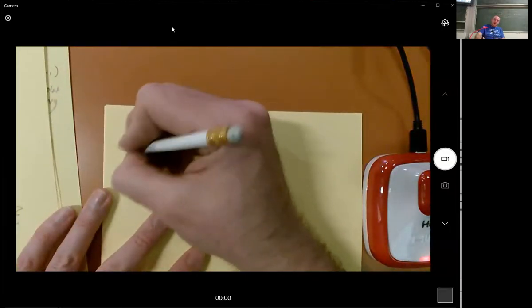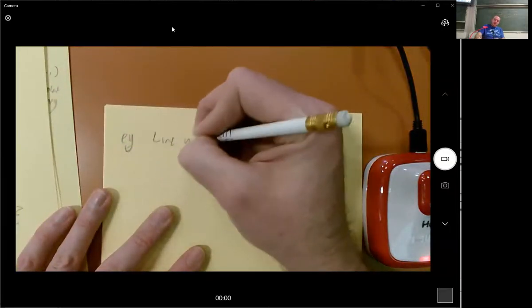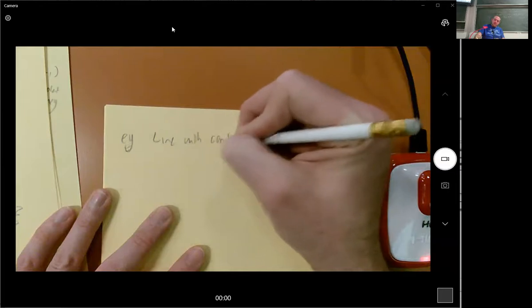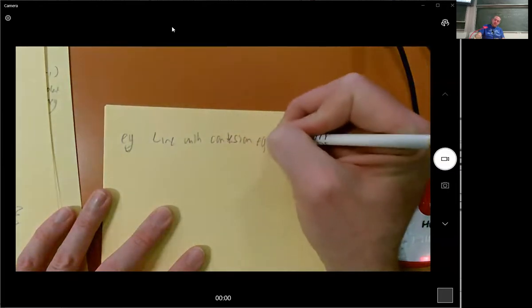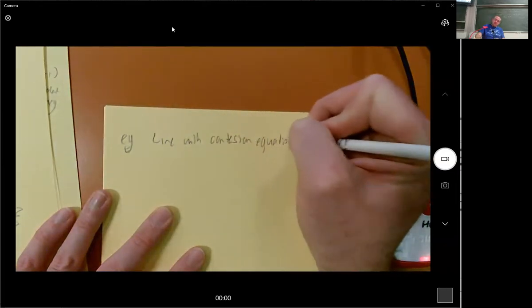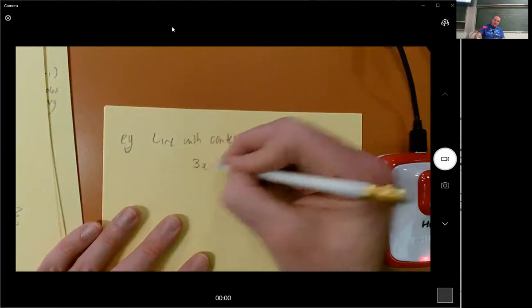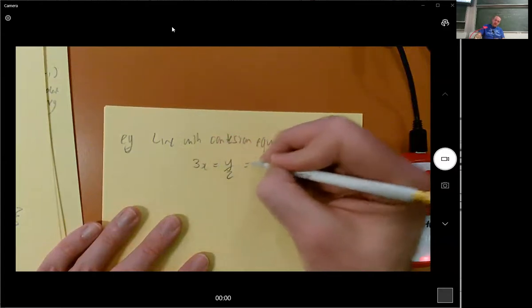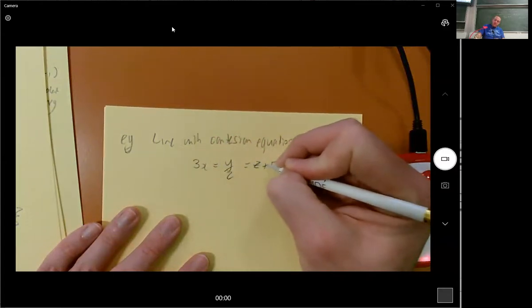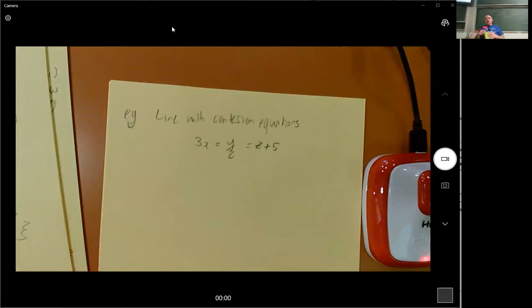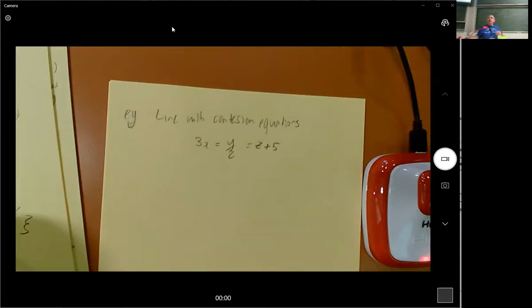So if I had a line with Cartesian equations 3x equals y on 2 equals z plus 5, then this doesn't tell me what any of the points on the line actually are. It just tells me how to decide if a point is on the line.